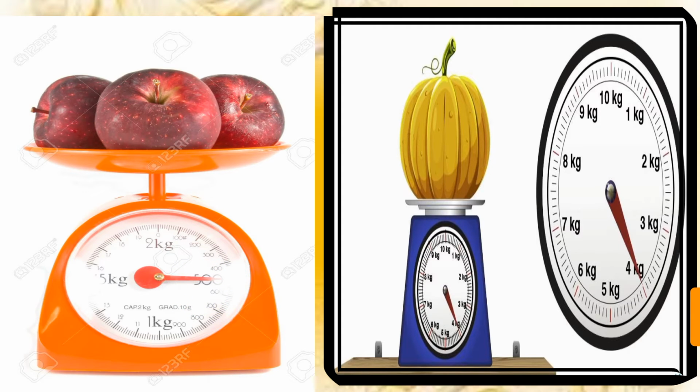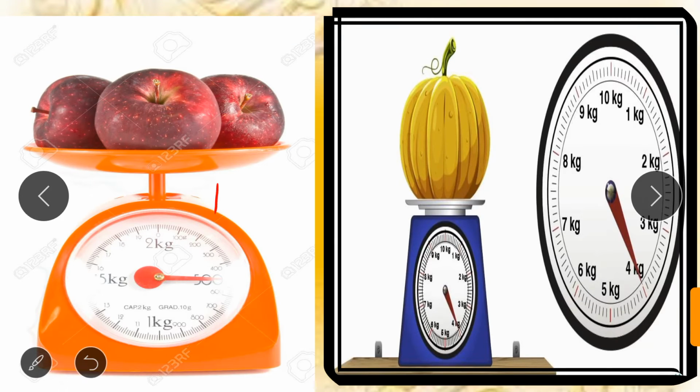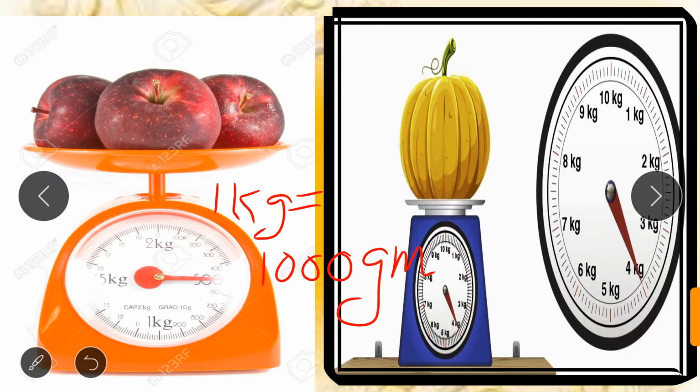I am just showing this pen: 1 kg equals 1000 grams, and this is 500 grams. When we add two 500s we will get 1 kg.